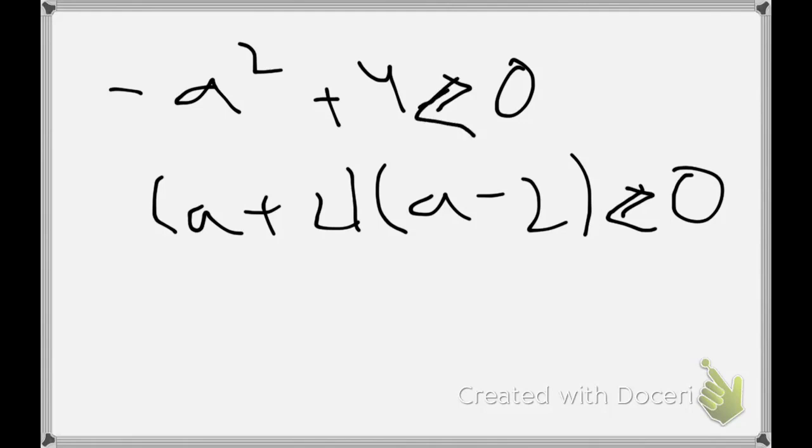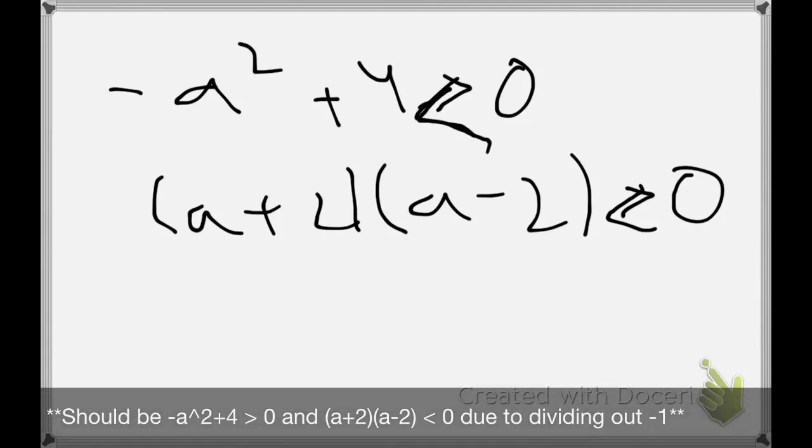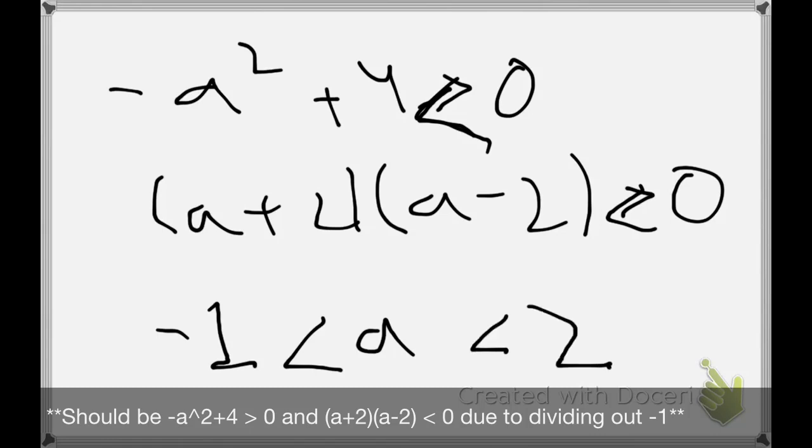So the values that satisfy that are negative 2 less than a less than 2. The question asks, what is the greatest possible integer value of a? And 2 would make the radius 0, so 1 would be the largest possible integer value of a to make that an actual circle.